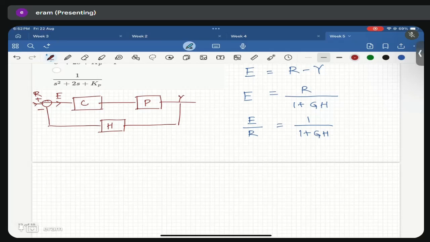Now E, from here we can write, is R minus H into Y.